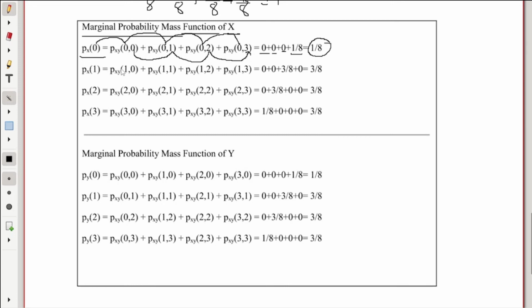P_X(1) means X is always 1, and Y will vary from 0 to 3, and you add the probabilities to get 3 upon 8. The same way P_X(2), X is always 2, Y varies from 0 to 3, and if you sum all probabilities you get 3 upon 8.